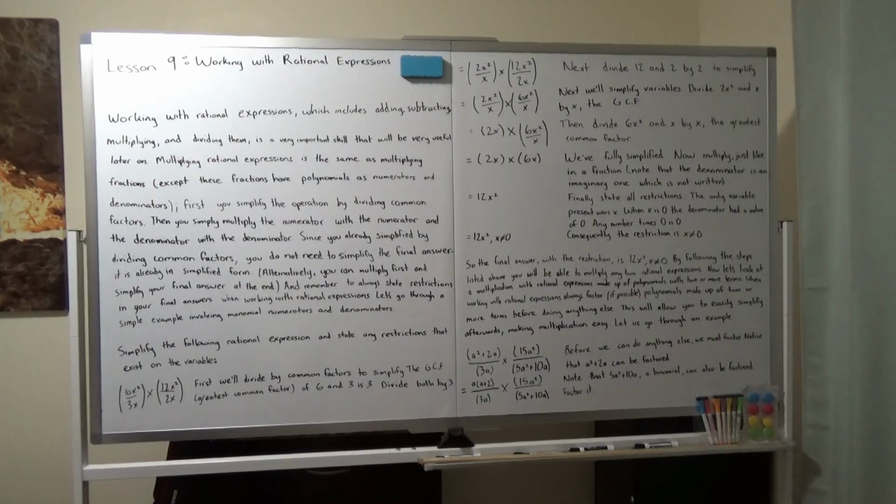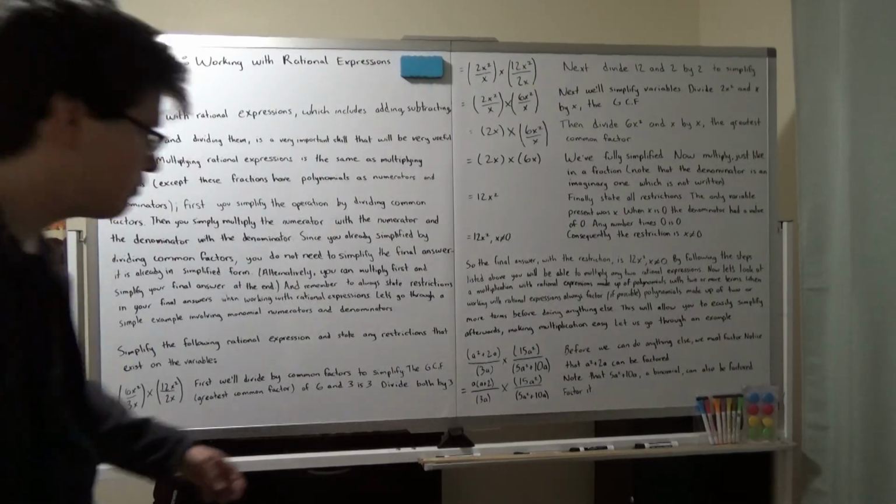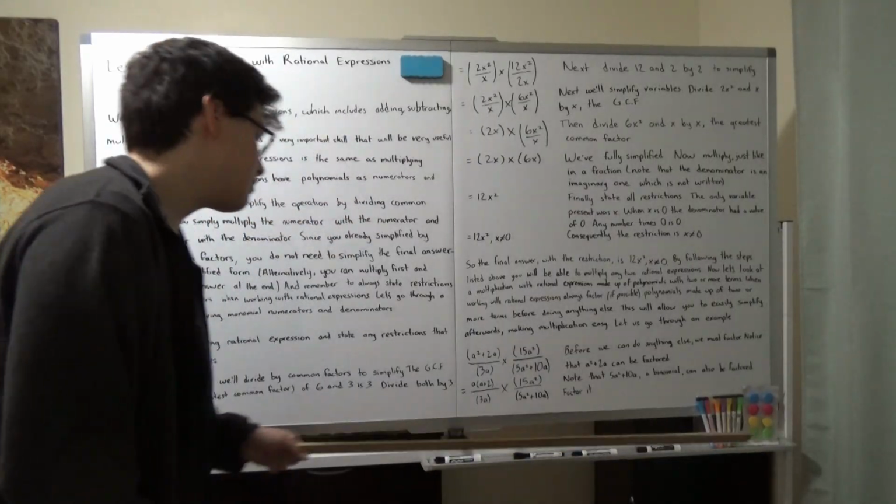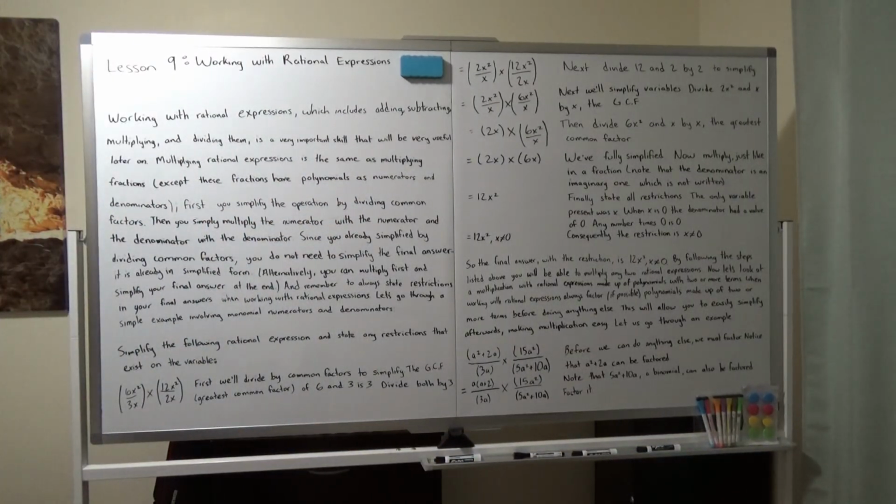The greatest common factor of 6 and 3 is 3.